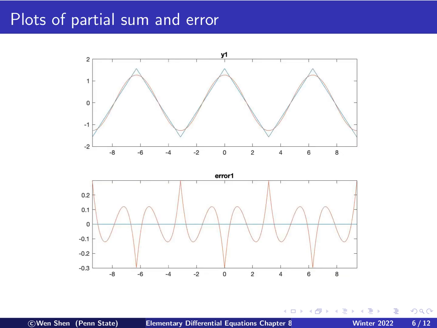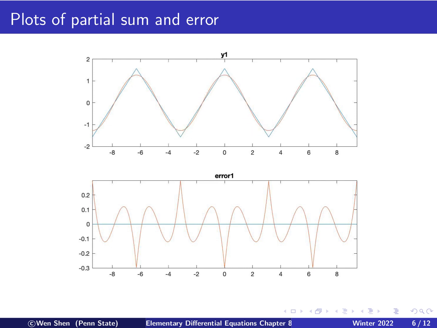Okay, so the first plot is the partial sum for y1, which is the top graph, and the original function r is in blue, which is just the triangle, called triangle wave. It just goes up and down with slope 1 and -1. And the orange color is the Fourier series partial sum y1.